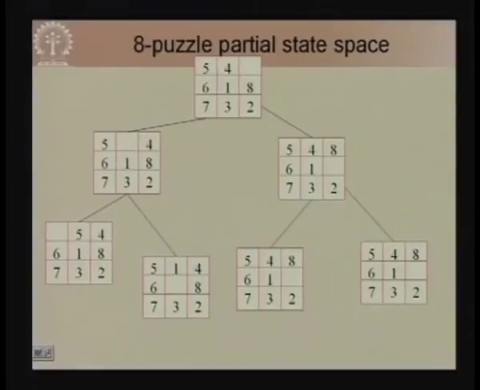We can move the blank up only if the blank is not already at the topmost row. Similarly, for each of the 4 operators, we can lay down the preconditions and describe the effect of these operators, so that we can unfold the state space.